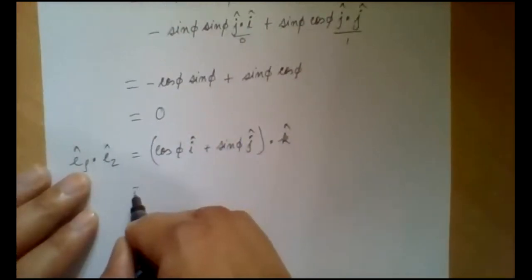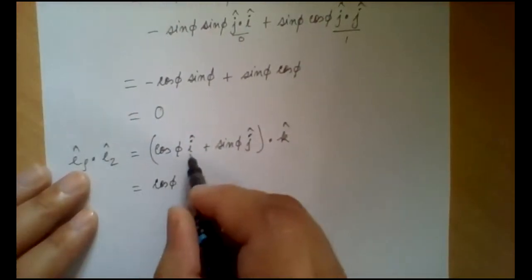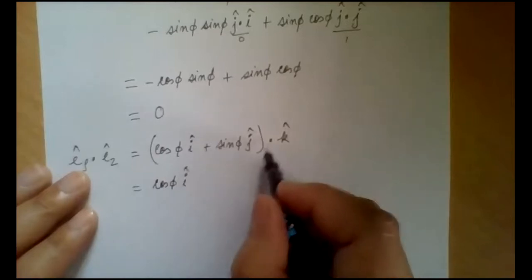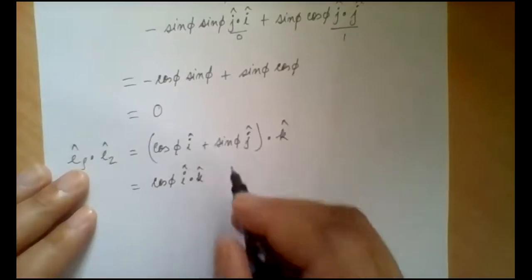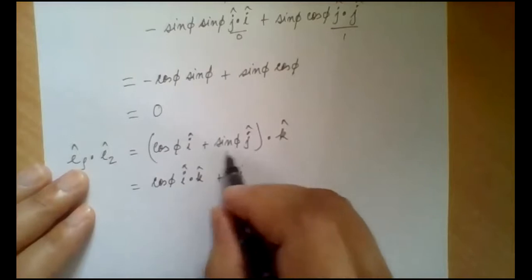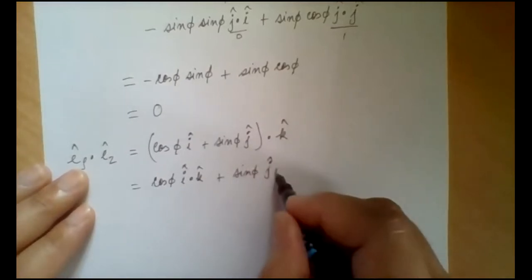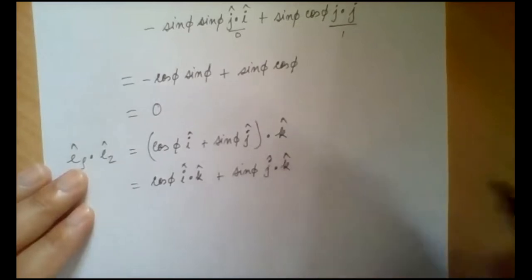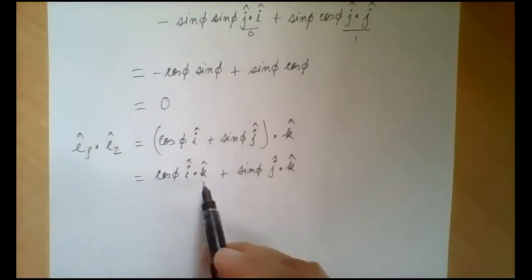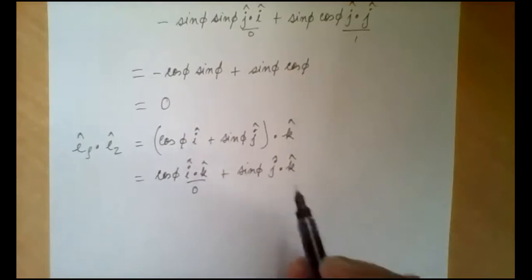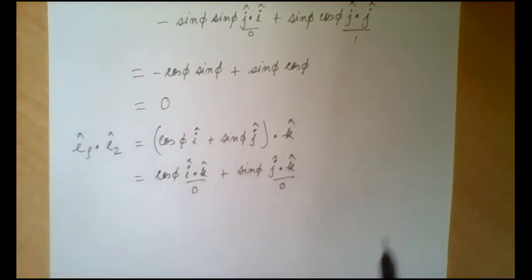So this is nothing but cos phi i hat dot k hat plus sin phi j hat dot k hat. i hat and k hat are mutually perpendicular, so this is 0. j hat and k hat are mutually perpendicular, so this is 0. So this is also 0.